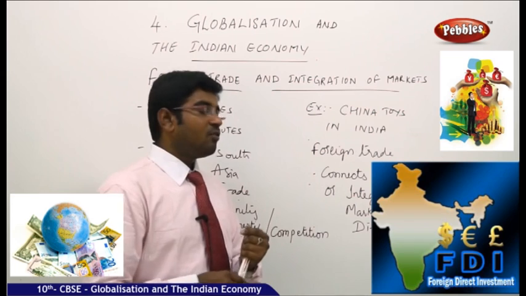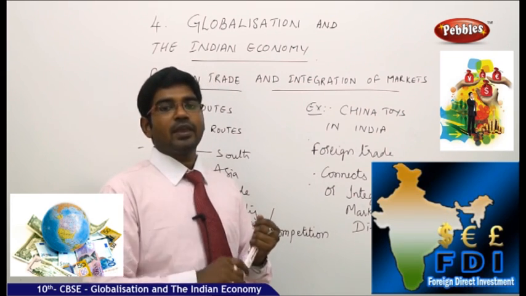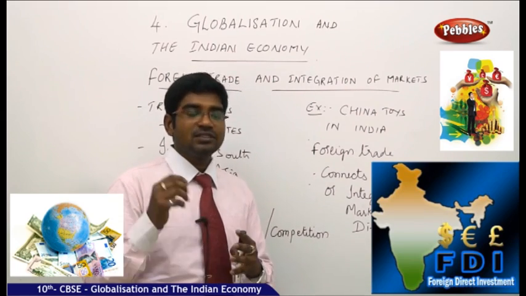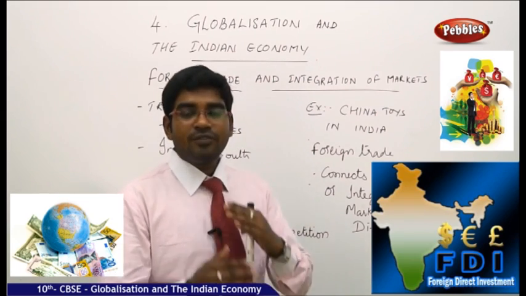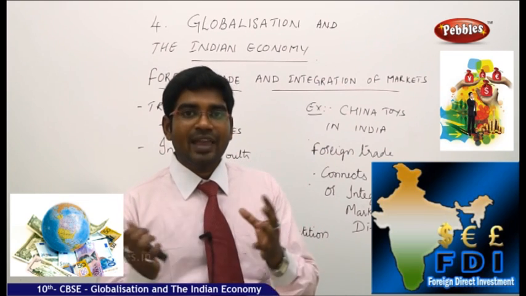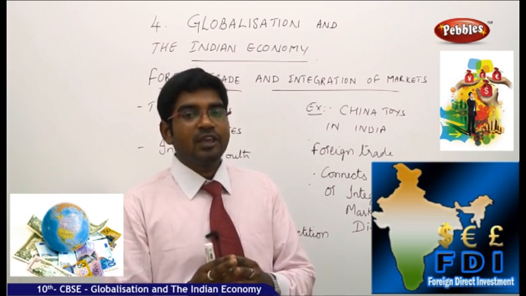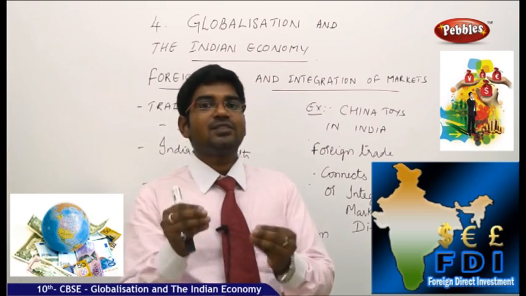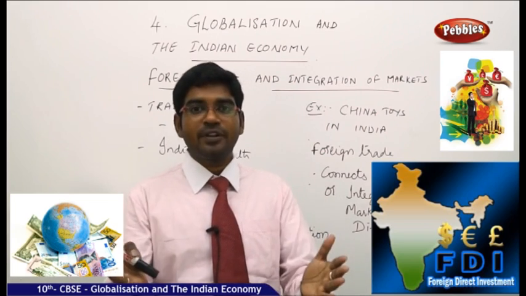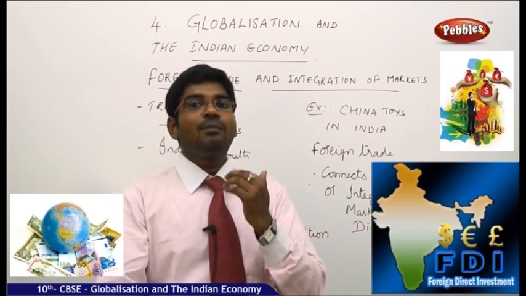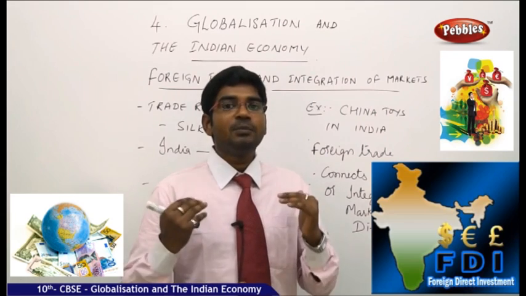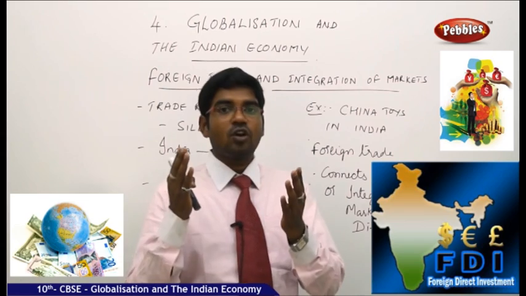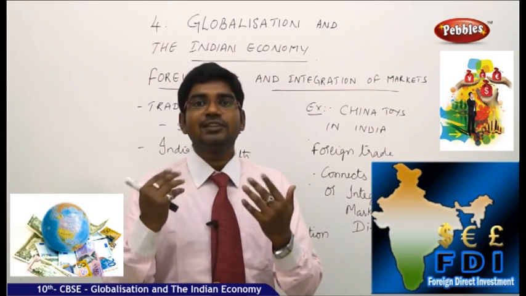In the same way, foreign trade connects two different markets and integrates the markets of different countries. It is actually not connecting them directly, but it brings a venue where both the internationally valid products will be in competition, under scrutiny by the consumer who is consuming them, because in front of him he has two varied options from which he can choose.